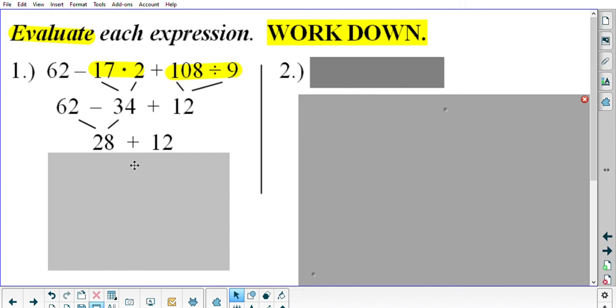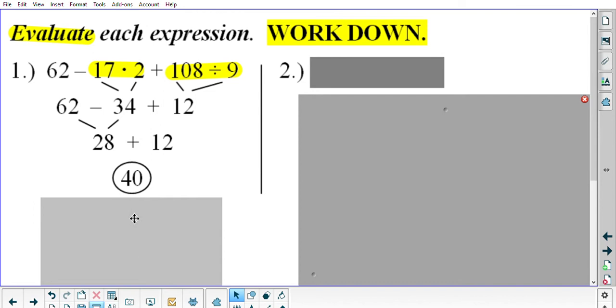All right, you got to trust me on this. So 28 plus 12, final step, gives you 40. Notice I did not put any equal sign here, guys, ladies and gentlemen. No equal signs. These are expressions, not equations. As I said earlier in this video, these diagonal bars, you don't have to use them if you don't want to.